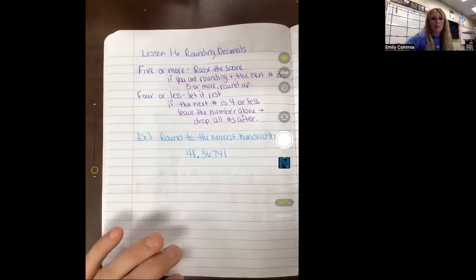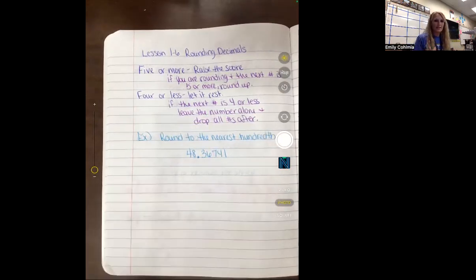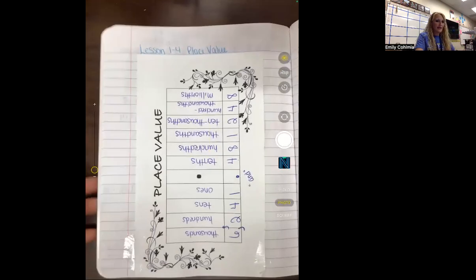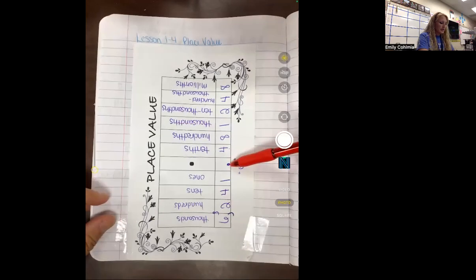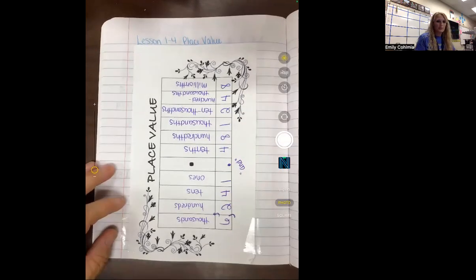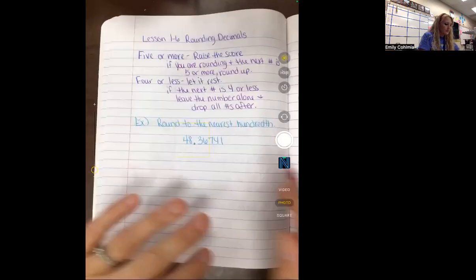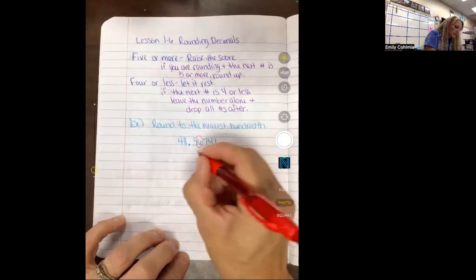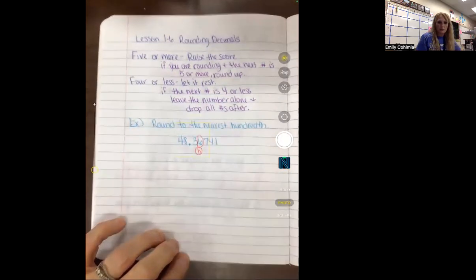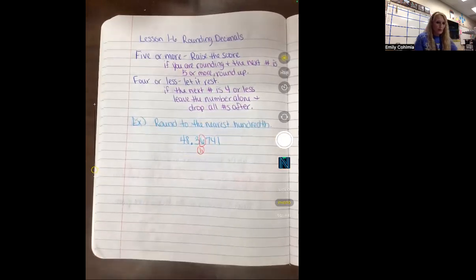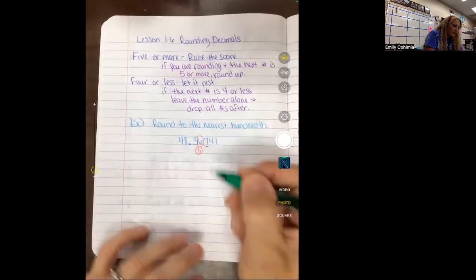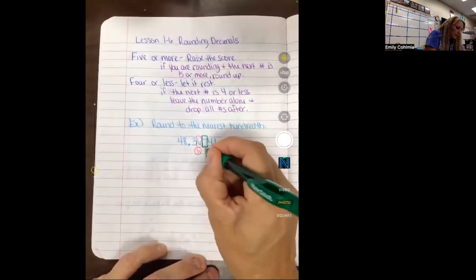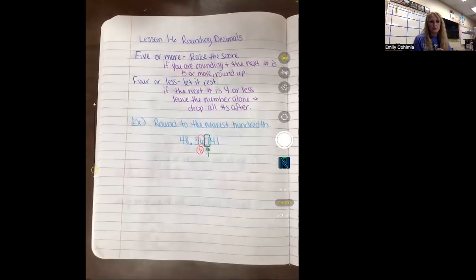We first need to identify what is the hundredths place, and then we need to look at the number after the hundredths place. So if you remember in our place value chart, the decimal is here and then tenths, hundredths. So the hundredths place is 2 digits after the decimal. So tenths, hundredths. So the 6 is the hundredths place. I'm going to put an H by it because we know it's the hundredths place. And then what's more important than that number is the number after it. So the number after it is the one we're really looking at. Okay, so we're really looking at the 7.